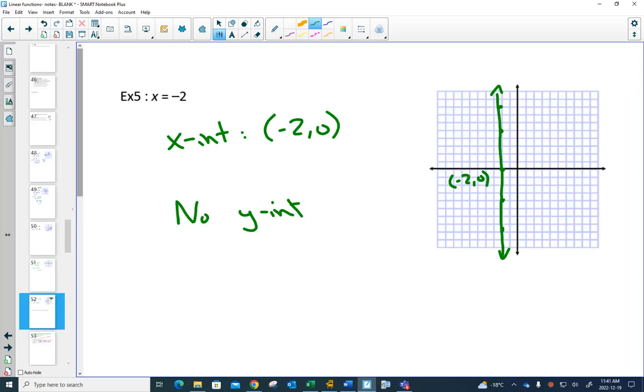Because if you plug in 0 for x, you would get 0 equals -2. Again, that doesn't make sense. So we've got our special lines that go up and down as well.